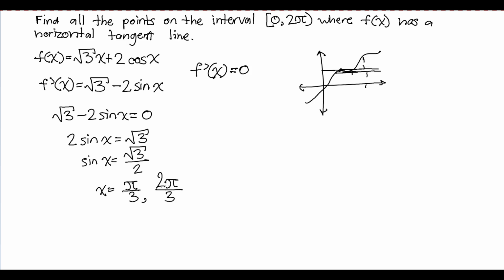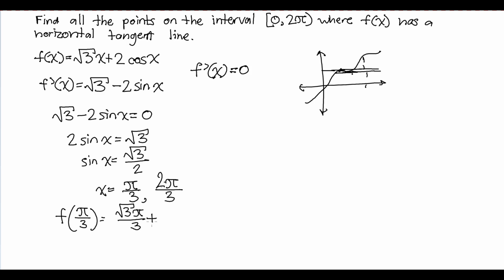So let's find f of pi over 3. f of pi over 3 is equal to root 3 pi over 3 plus 2 cosine of pi over 3.